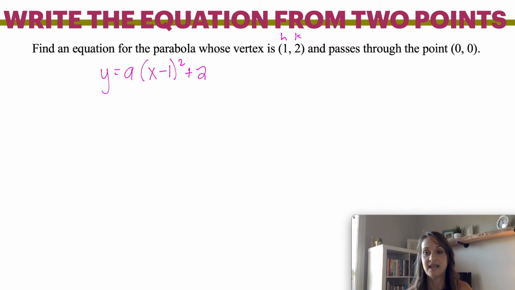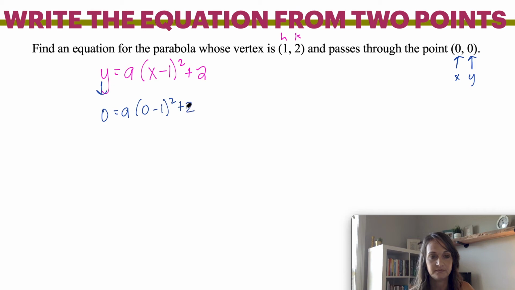Now, to find a, we are going to plug in the numbers 0 and 0 into our x and y. So I'm going to plug 0 in for y. I'm going to plug 0 in for x. So I'll get 0 equals a times (-1) squared plus 2. So I'll get 0 equals 1a, because (-1) squared is just 1, plus 2.